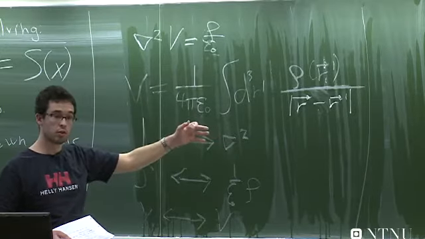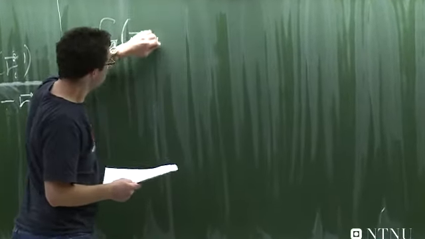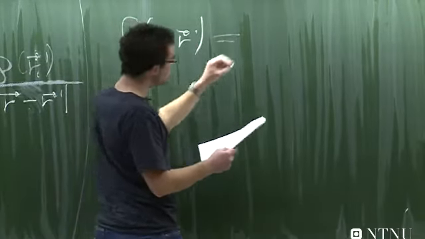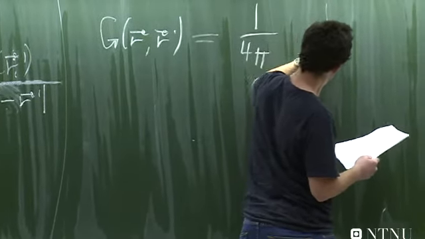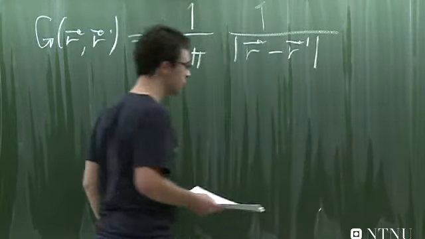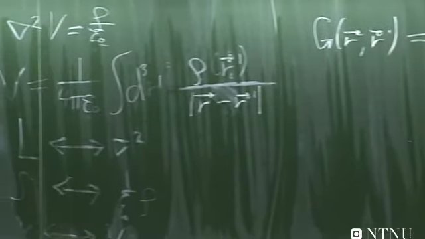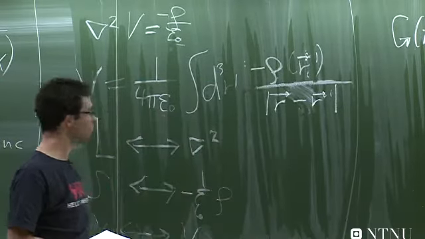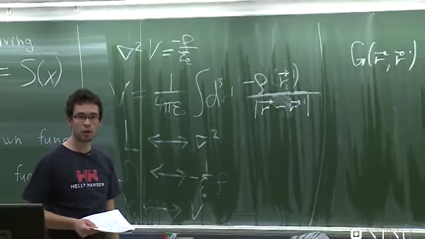So what's left must be the Green's function, meaning that g of r, r prime, now vector-based because it's in 3 dimensions, is 1 over 4 pi, 1 over r minus r prime. That's the Green's function for the Poisson equation. Let's see, maybe there should be a minus here. Any questions? Is this perfectly clear?